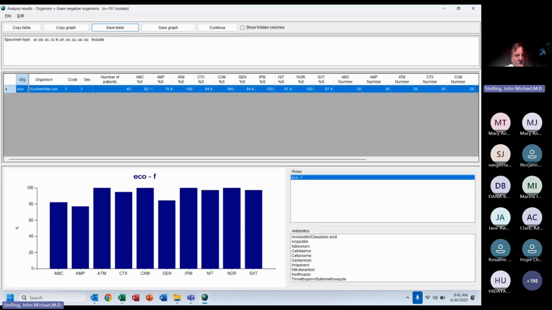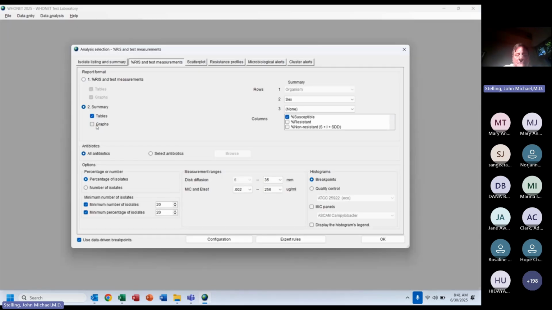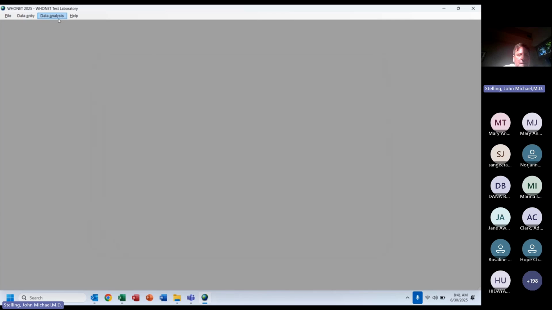If you don't want the graphs, very easily, I'm going to click on continue, click on analysis type, and I don't have to see the graphs if I don't want to see the graphs. The final result for clinicians, we don't include the graphs. I click on OK. I'm now going to exit out of interactive data analysis, and I'm going to go to data analysis and switch over to quick analysis.